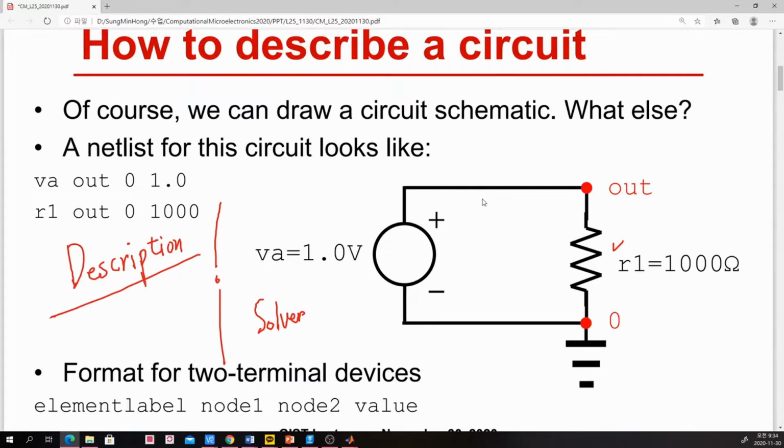The user should change only the input file for our system. Then the solver takes over, and every detailed analysis is done by the solver. That is the right approach. So we have to follow that approach.